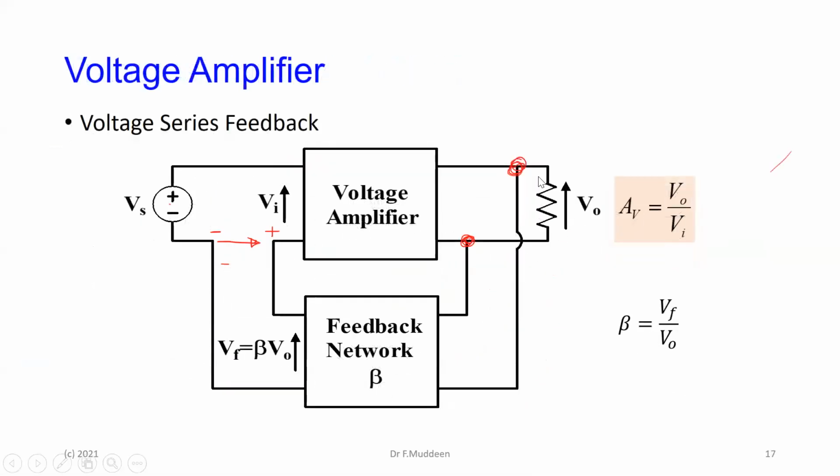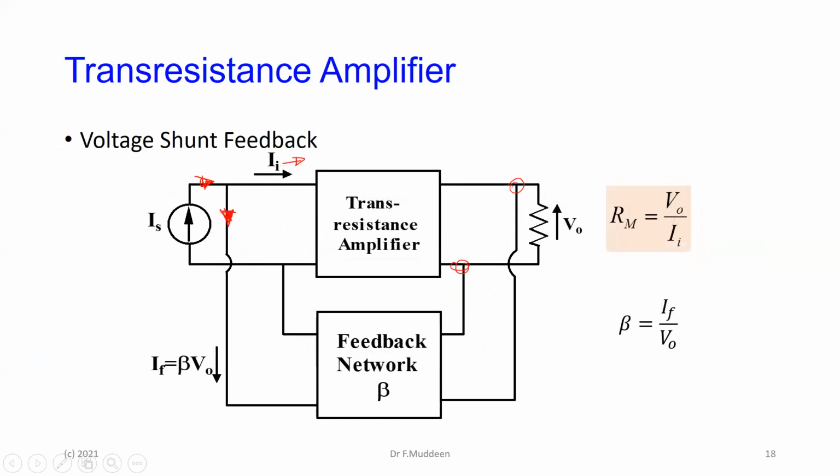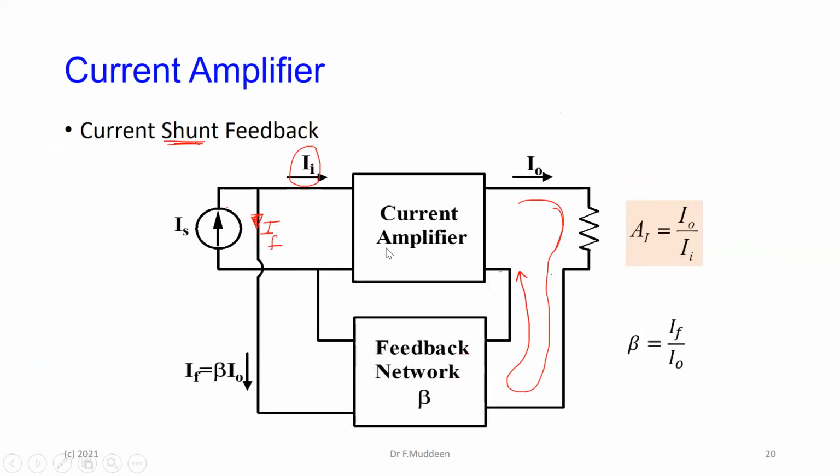These 4 configurations here: the voltage series feedback, the voltage shunt feedback, and the amplifier associated with it, the current series feedback and the amplifier associated with it, and the current shunt feedback and the amplifier associated with it.